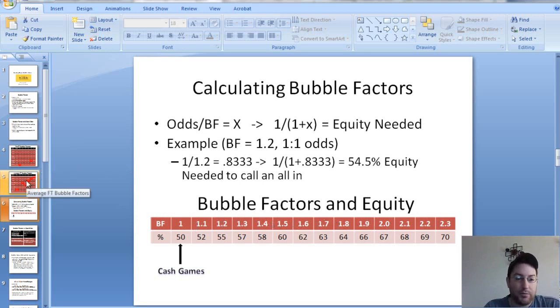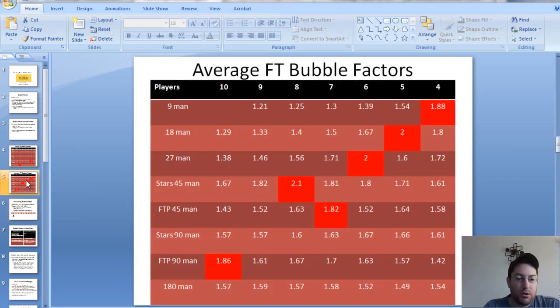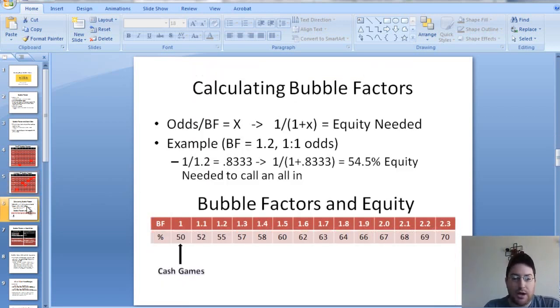So, for example, let's take a PokerStars 45-man, a bubble factor of 2.1. Let's say you realize you have a 2.1 average bubble factor. That means to justify a call, if you look back and you call with a certain hand and you say, you know what, based upon his range, should this have been a call?